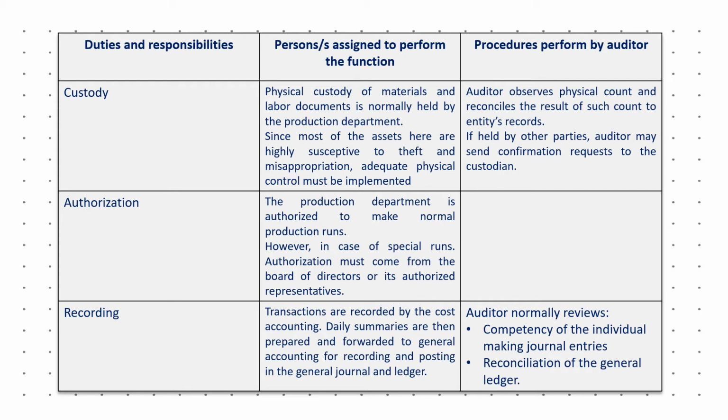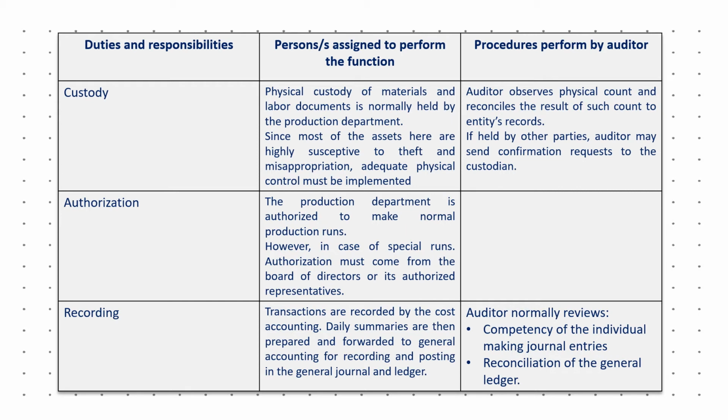So, first thing na i-discuss natin is sa custody. So, the person assigned to perform the function here in custody is the production department. So, siya lang yung may physical custody. Now, what are the procedures performed by the auditor? So, auditor making sure that no error will happen.